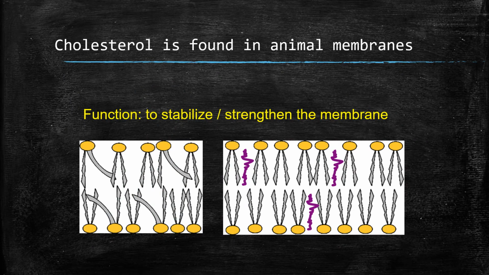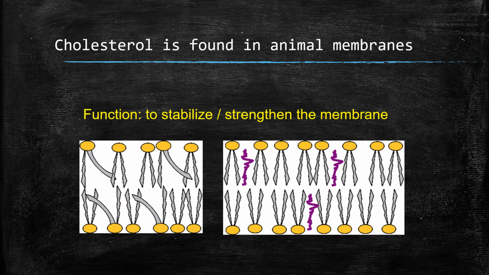Cholesterol is found in animal cell membranes, and when you ingest fatty foods, that is one of the ways that we get cholesterol. The other way is that it can be synthesized in the body, particularly in the liver. Cholesterol functions to stabilize and strengthen the membranes.